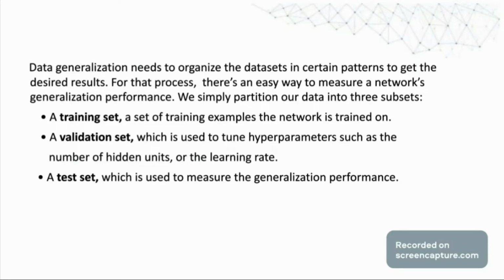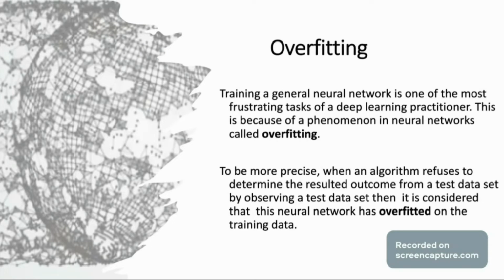A training set is a set of training examples that the network is trained on. Firstly, our system has to learn from the training dataset, then the system has to validate the dataset, and then the system has to implement the learning to the test datasets. So let's move to our next slide.